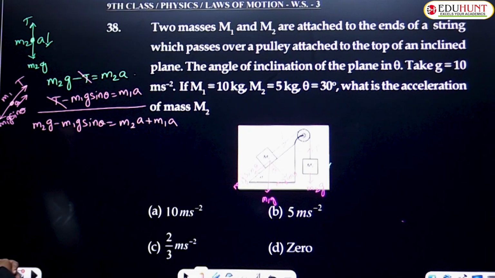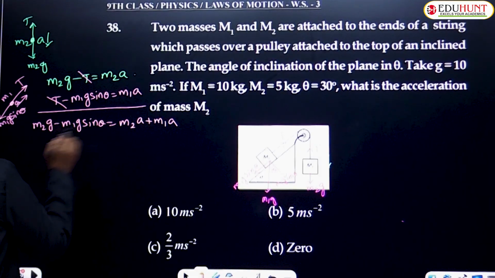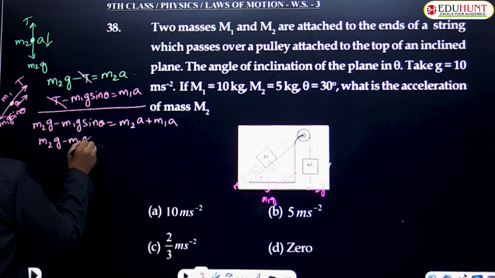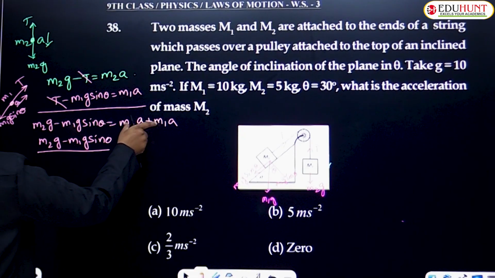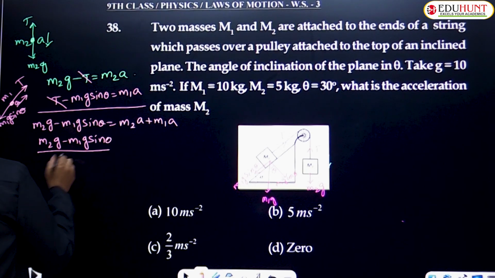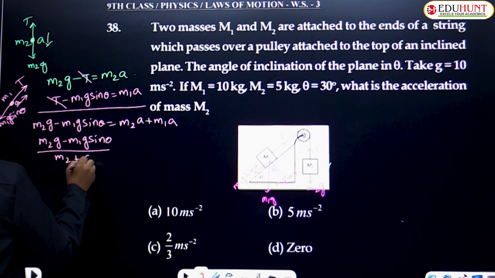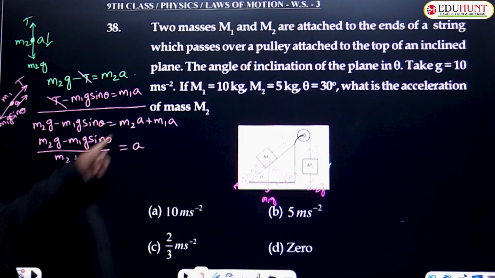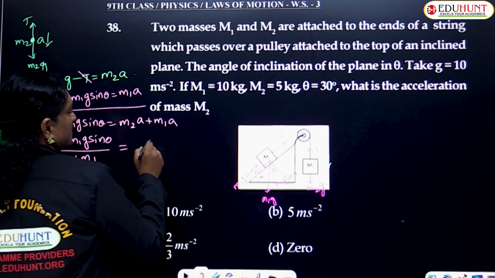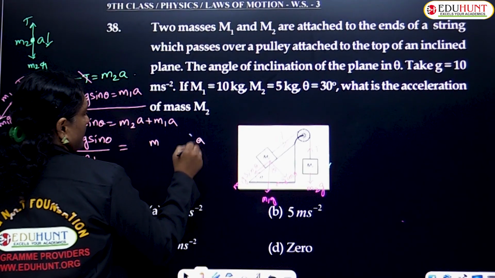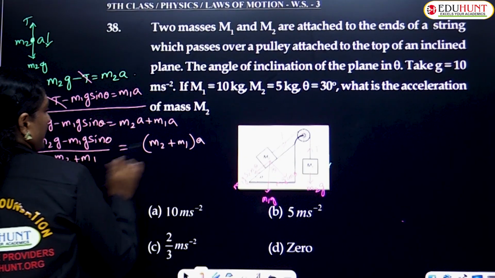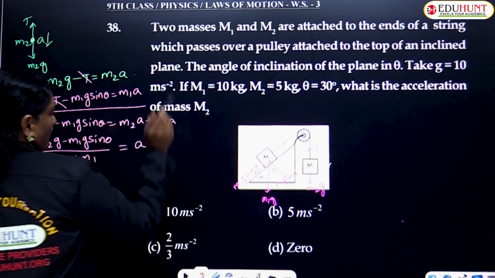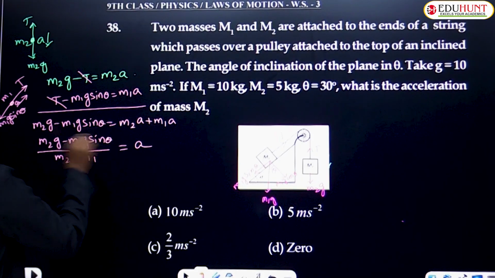Solving for A, we have M2G minus M1G sin theta whole upon M2 plus M1. I took A common, then you are left with M2 plus M1, which I carried to the other side, and then you are left with A. So the value of A is found to be this.